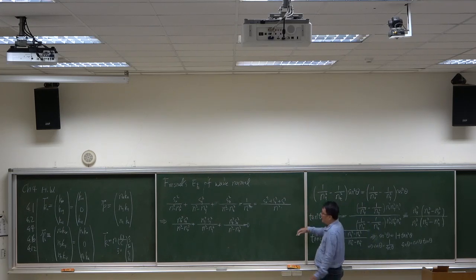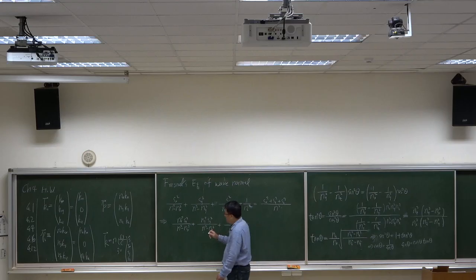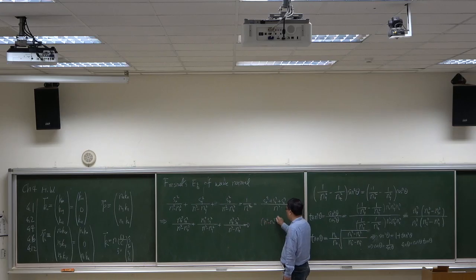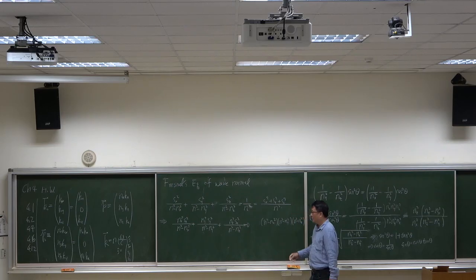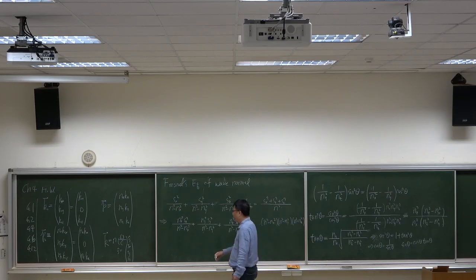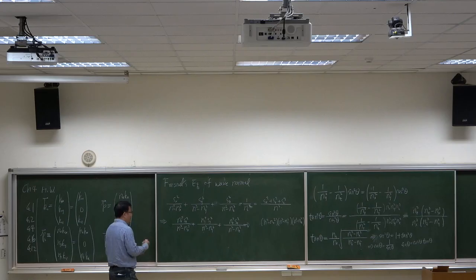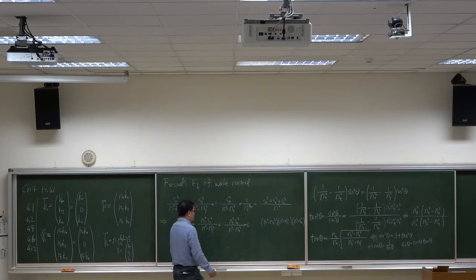And we can further multiply n squared minus nx squared, n squared minus ny squared, and n squared minus nz squared to this equation and find the fourth power equation for solving the refractive index.